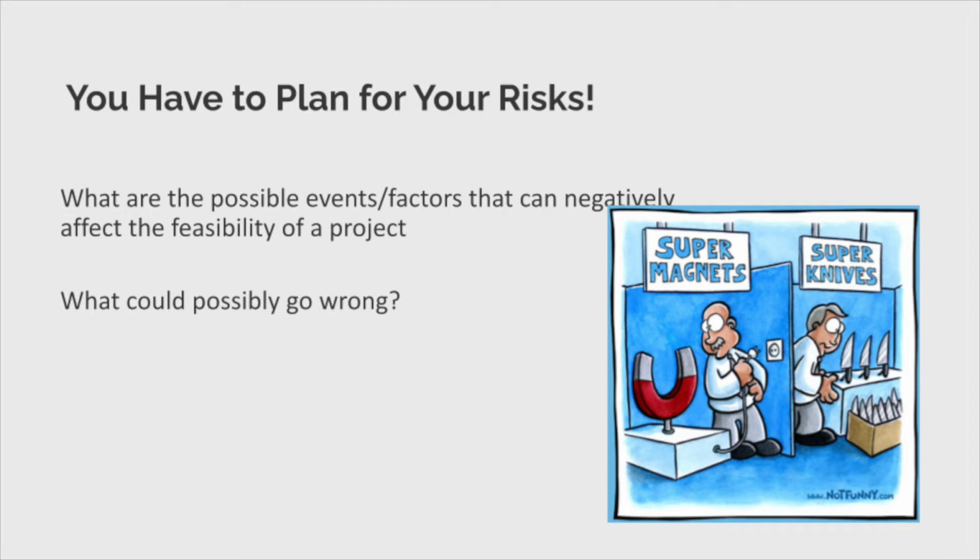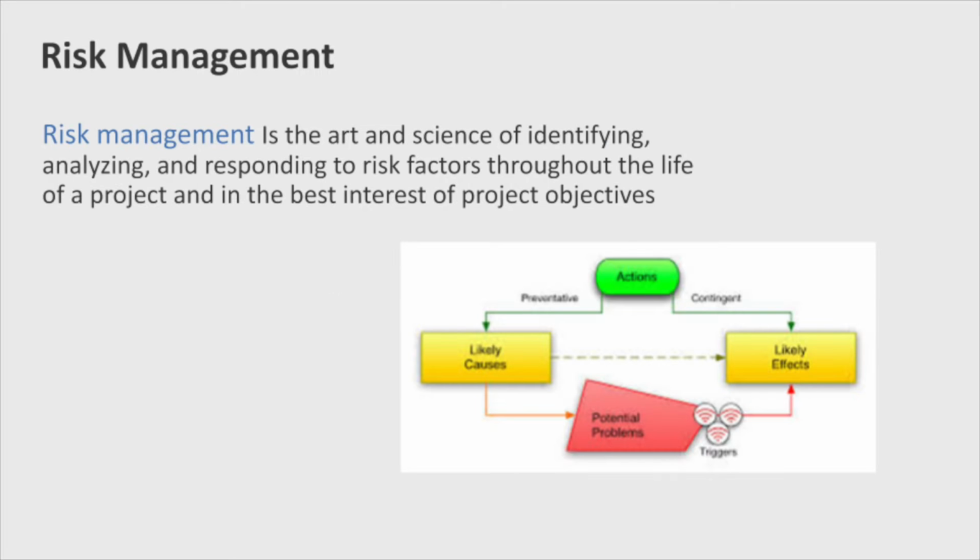Basically, we have to ask these basic questions. What can possibly go wrong? And what possible events and factors can negatively affect the feasibility of a given project? So it's all about risk management. Risk management is really an art and a science. And what it does is identify, analyze, and respond to risk factors throughout the life of a project that's in the best interest of the organization and the best interest of the project objectives.